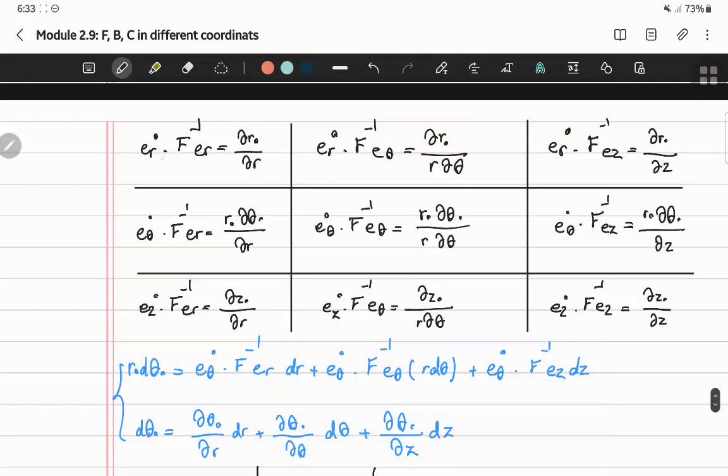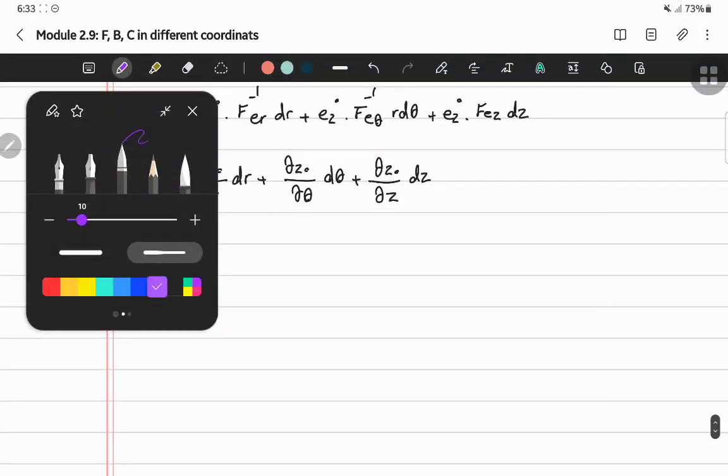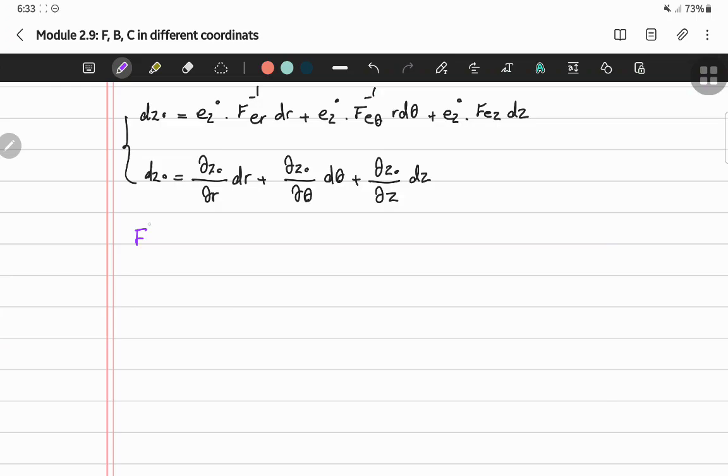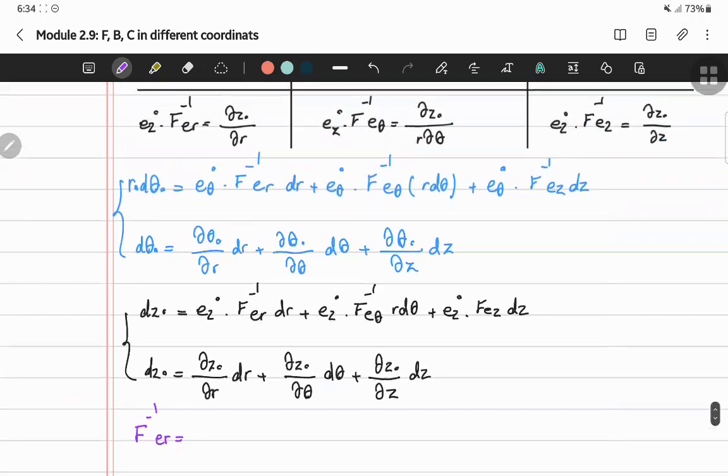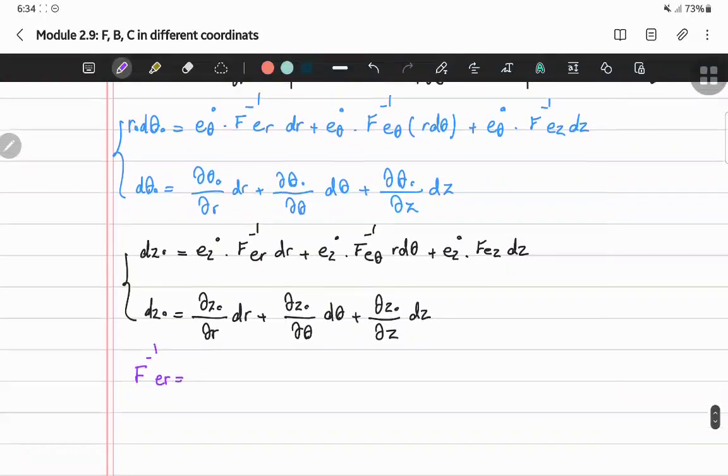So here we have to use the dot product, and then we have F inverse er. It is er dot this, which is equal to this expression, then e theta, then ez 0 here.